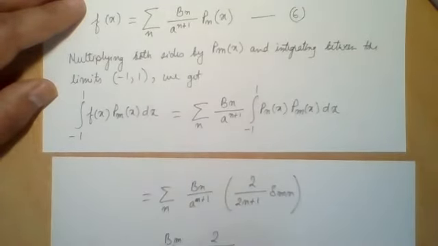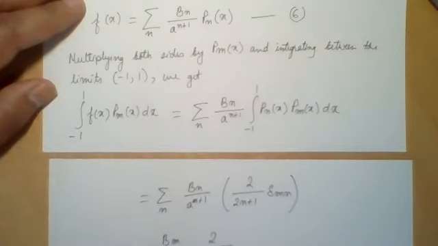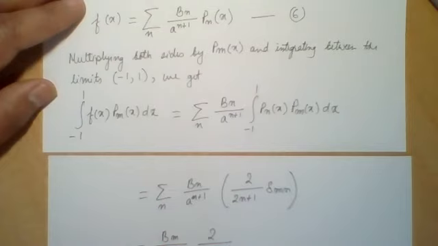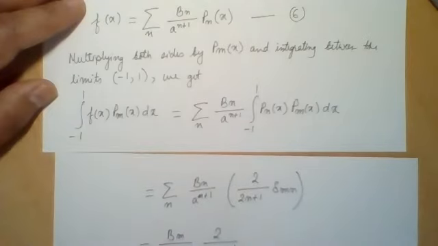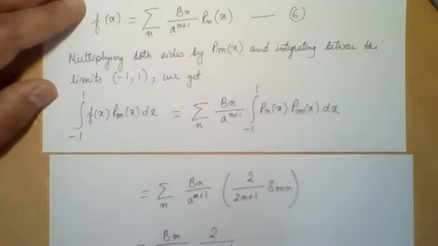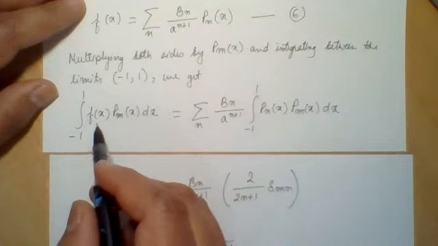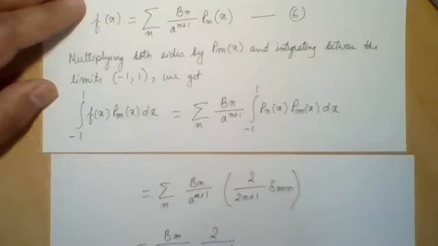Now to solve for Bm, we take the remaining terms towards the right. This implies Bm is equal to, we keep this integration, and then we take these two factors towards the left.